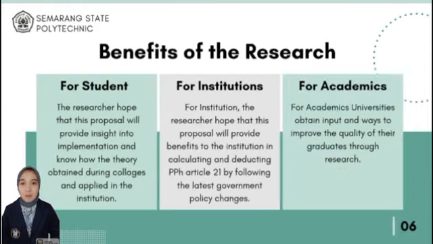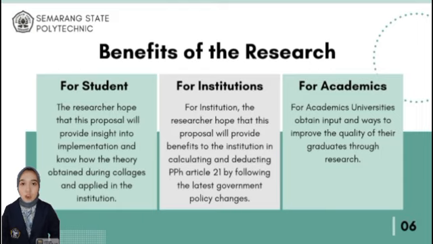Then, there are several benefits of research for each party. The first, for students. The researcher hopes that this proposal will provide insight into implementation and know how the theory obtained during college is applied in the institution. Second, for the institution.